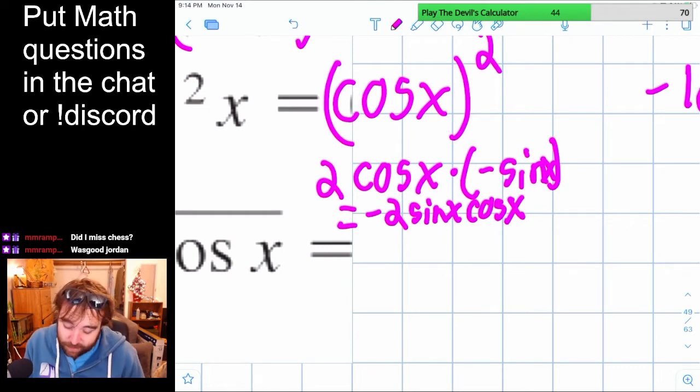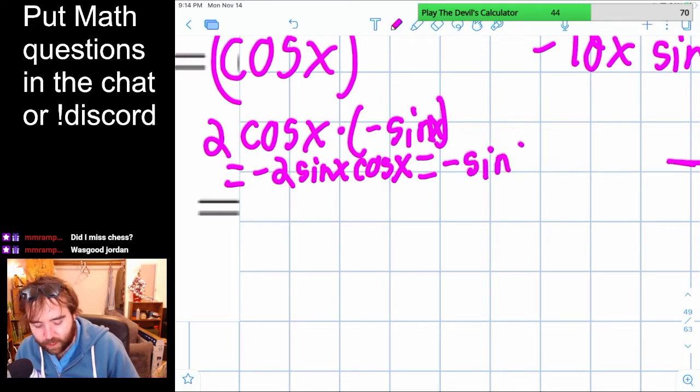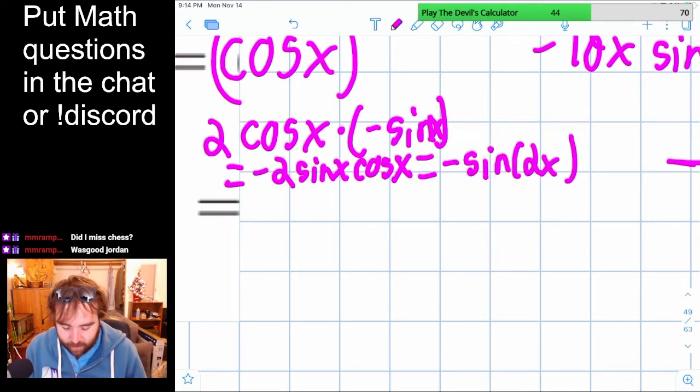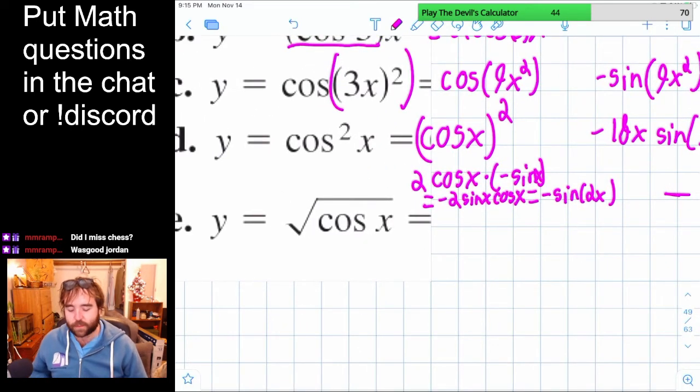And if you want to be really cool, 2 sine x cosine x is the sine of 2x. So this is negative the sine of 2x. The derivative of the cosine squared of x is negative sine of 2x. That's pretty good.